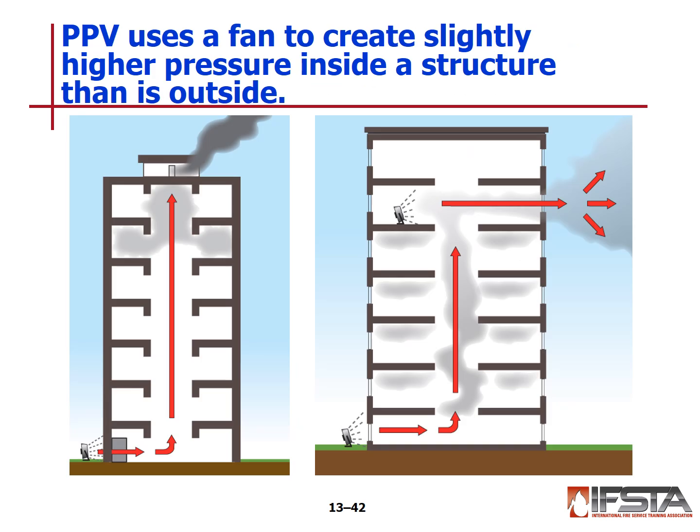Positive pressure ventilation fans can create slightly higher pressure inside the structure than outside. Basically what we're doing is recreating what we do when we breathe. We want to create, as it says, a higher pressure inside, because it wants to equalize to the outer pressure.